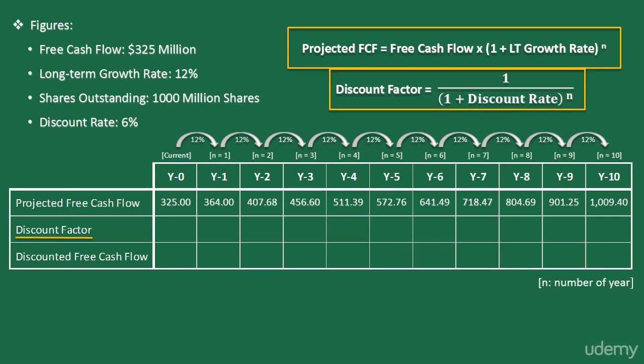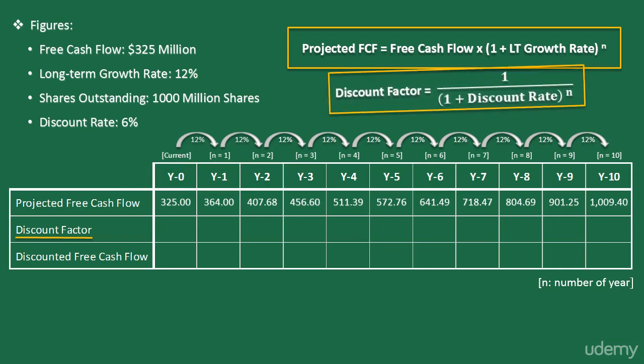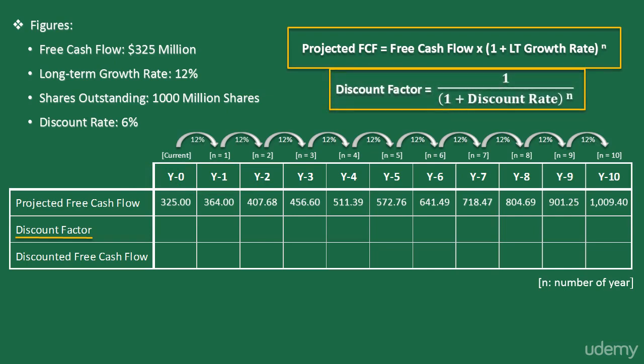In order to calculate the discount factor for the first year, we simply use the formula and replace n by 1. We'll have the discount factor equal to 1 divided by (1 plus the discount rate of 6%), so we'll have 0.943. We'll use the same formula to calculate the discount factors for all of the following years.